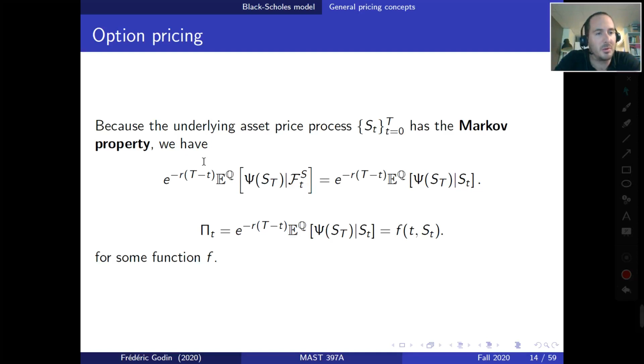In intuitive terms, it means that if you're at time t and you want to forecast future values of the process at times beyond t, the only relevant information is the current value of the process at time t. So all previous values of the process become irrelevant once you know the last value of the process at time t.